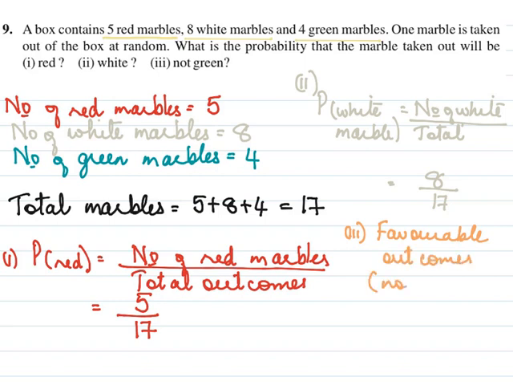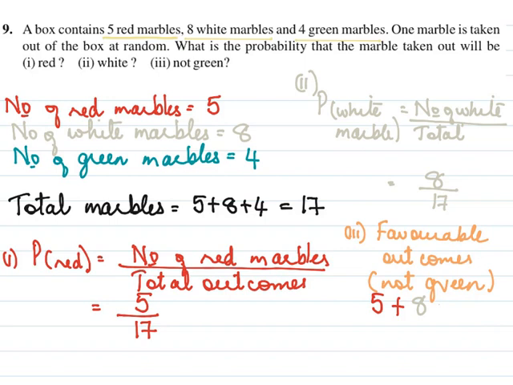So we have 3 kinds of marbles. We have the 5 that are red, plus 8 that are white, plus 4 that are green. And here they are saying not green. So we've got to get away the green marbles. We remove the green marbles.